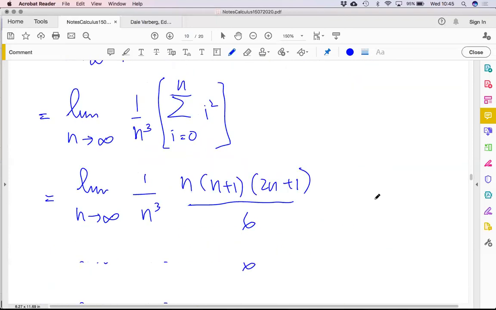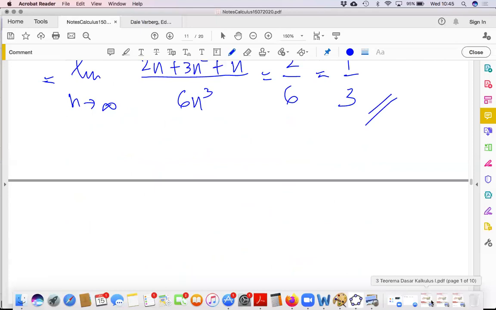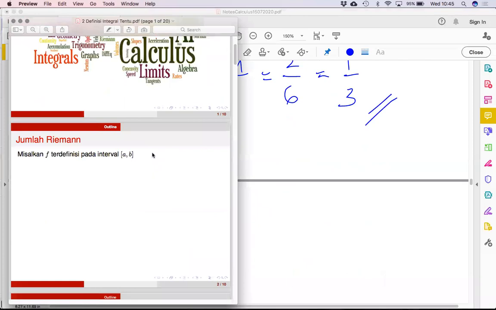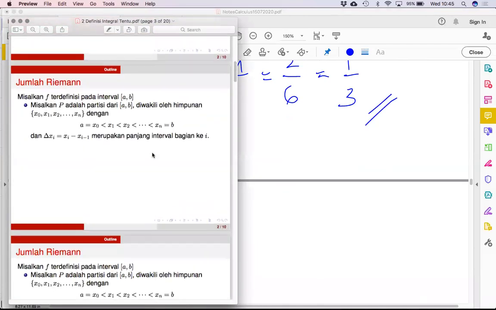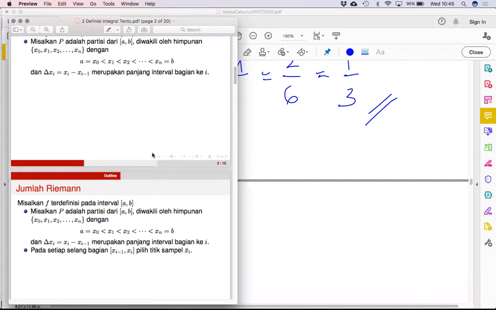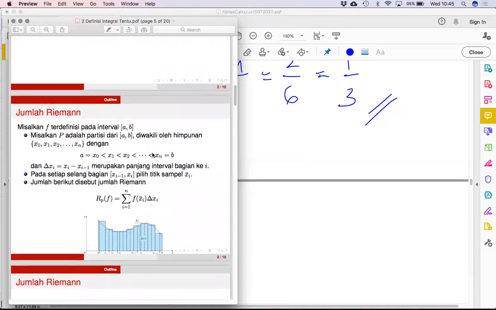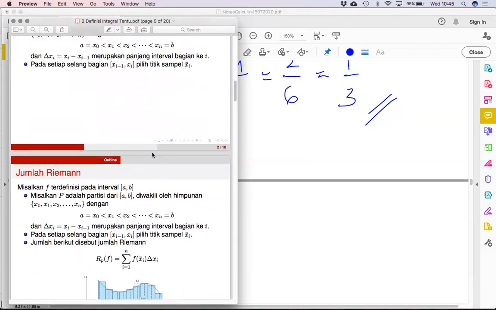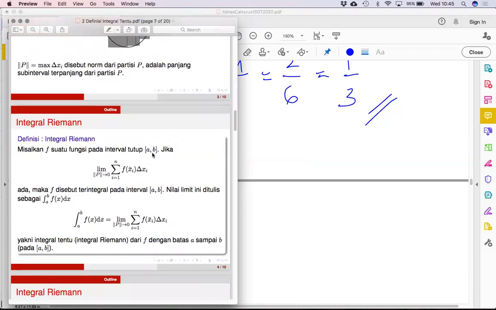So basically this is the definition of integral, yeah? Look at this. The definition of integral, you can read in here, but basically the definition of the definite integral is the limit of the Riemann sum.